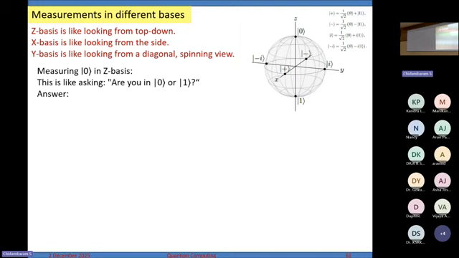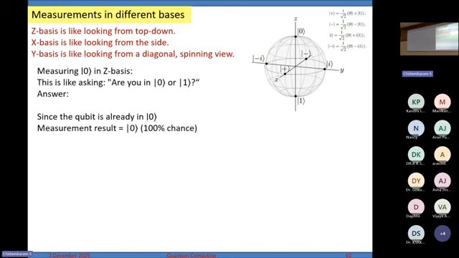So what would be the answer? The qubit is already in the state 0. Is it in a superposition state? It is simply qubit 0. So when you measure it, what will you get? 100% result, which is 0.